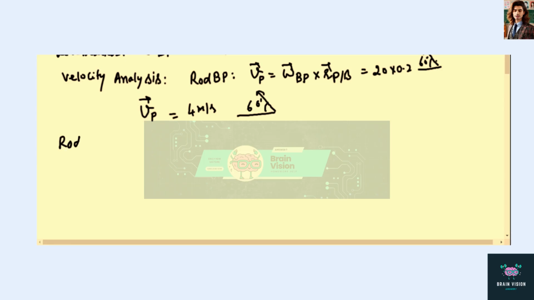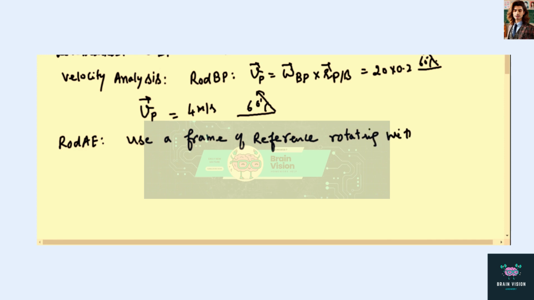Rod AE. Use a frame of reference rotating with angular velocity omega AE in anti-clockwise direction.